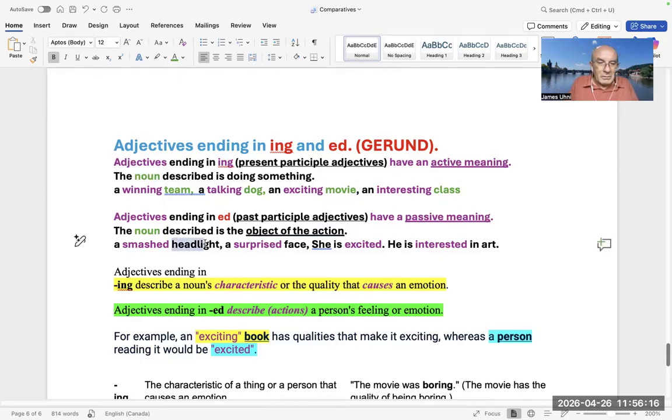Headlight is noun. Now, I should put ed in red. I will do it, but only with the first example. The other examples I will leave as they are. A surprised face.